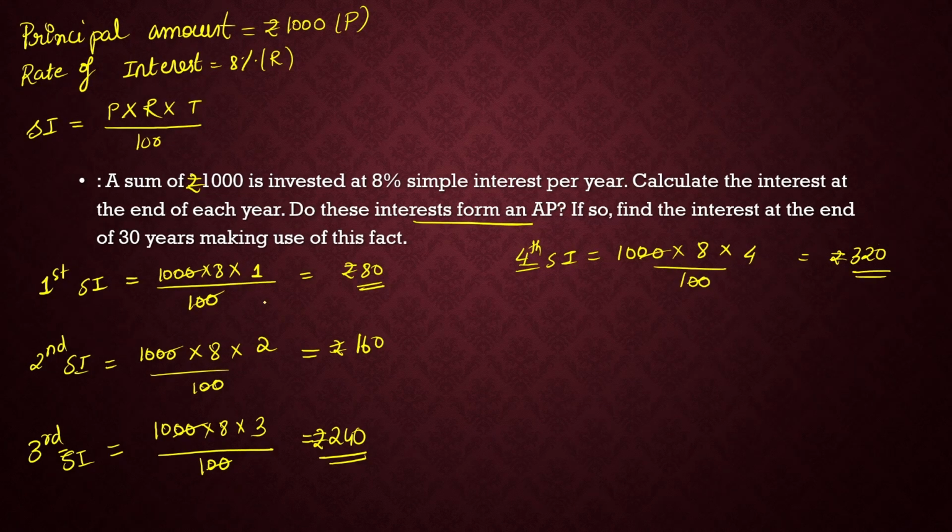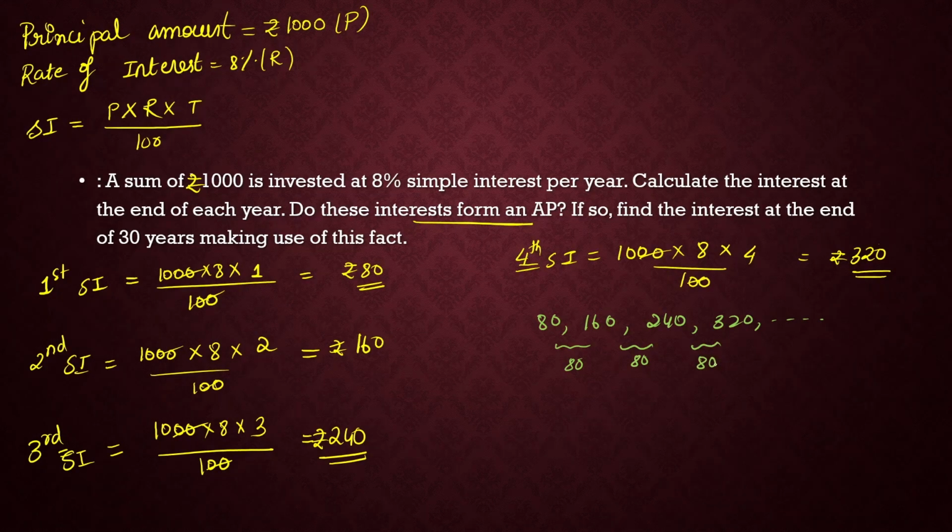Okay, now here, does it form an AP? So for the consecutive years, what are you getting the value of the simple interest? You're getting it as 80, 160, 240, 320 and so on. So here if you observe the common difference is maintained, or the difference between each of them is 80.